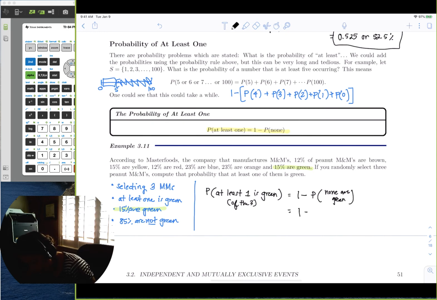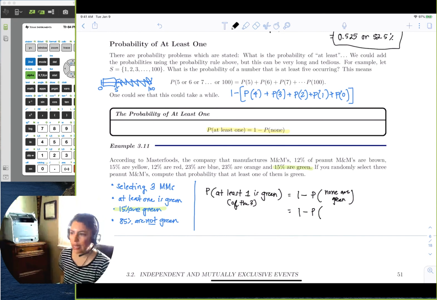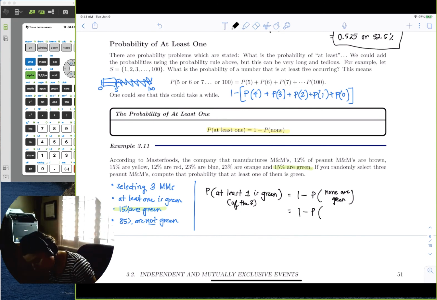And what this means is the probability that the first M&M I select is not green, and the second one I select is also not green, and the third one is also not green.